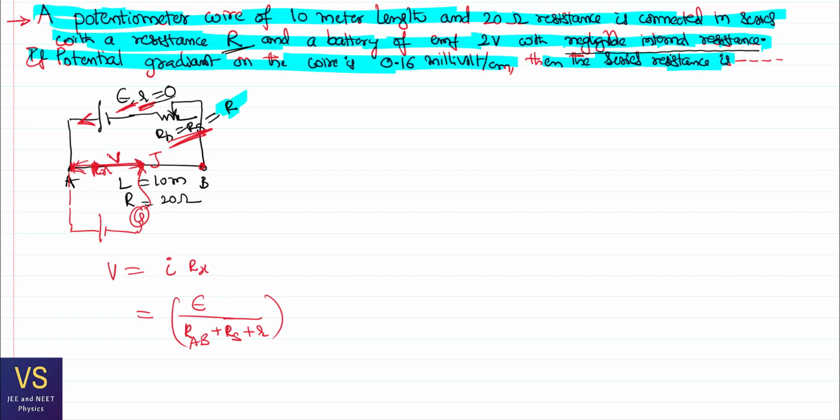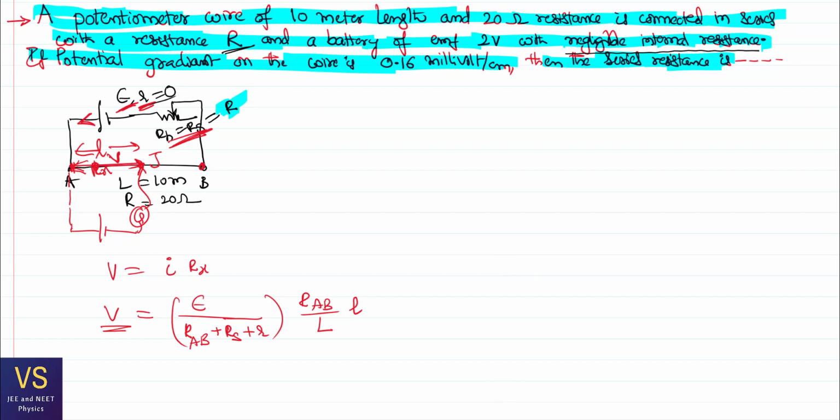Let the total resistance of that wire RAB by the total length L, that becomes linear resistance, resistance per length. Now the balancing length, assume you got it at length l. Into l, if you do, you will get the resistance of that piece. This is the equation for potential at the point where you get a balance.